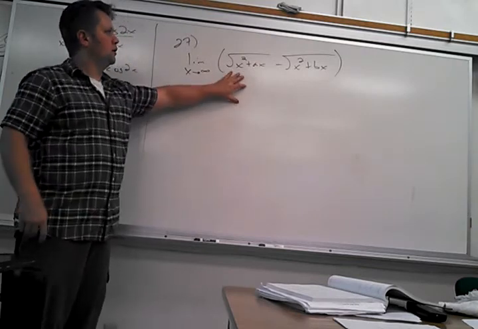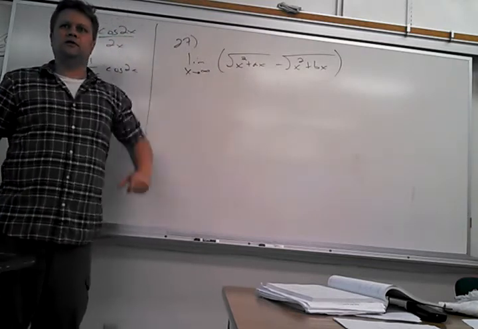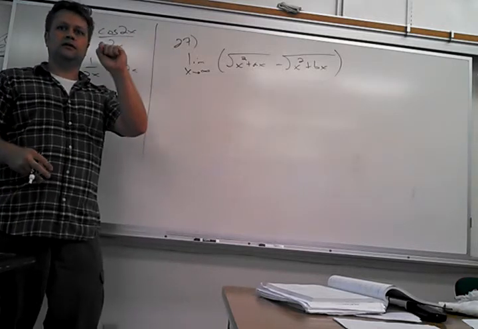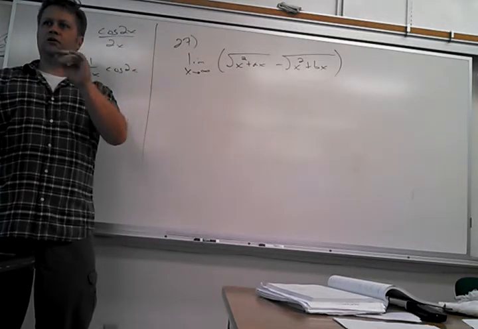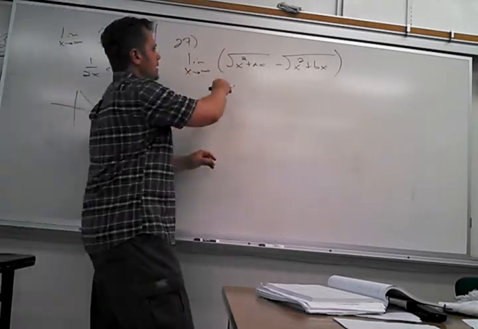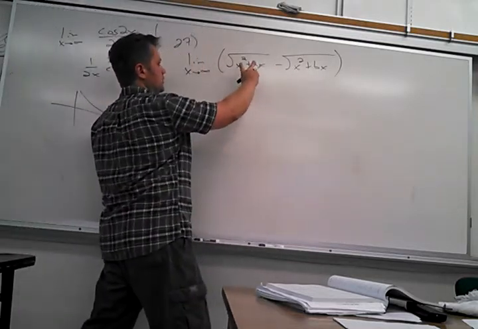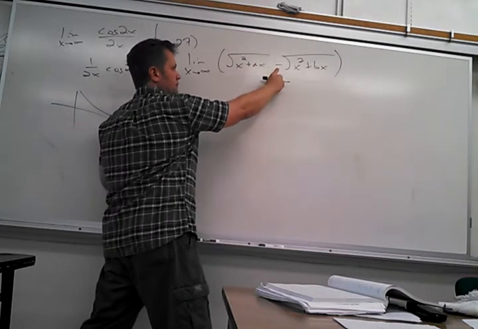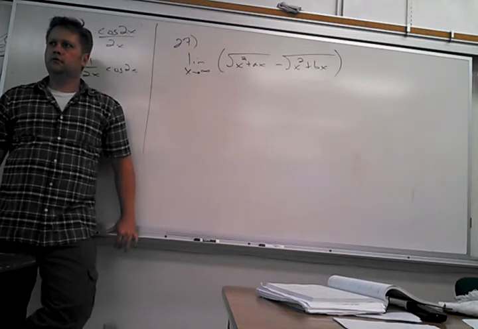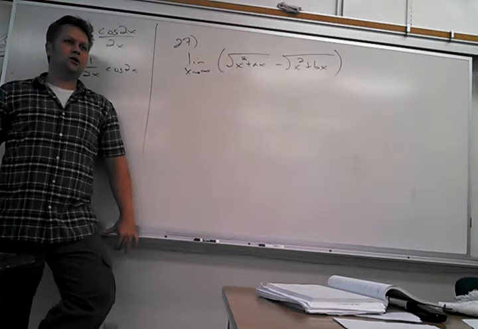Does somebody know what to do with this on the first step? Good, multiply by the conjugate. It seems really weird because we're going to introduce a fraction where there is no fraction, but basically, why can't I not handle this? This turns out to be infinity minus infinity, which sounds like it should be 0, but it's not necessarily.